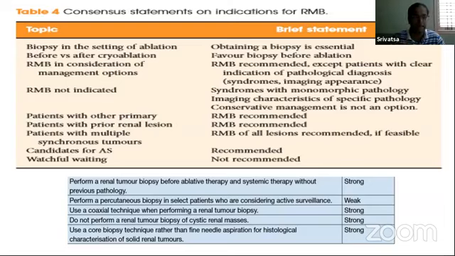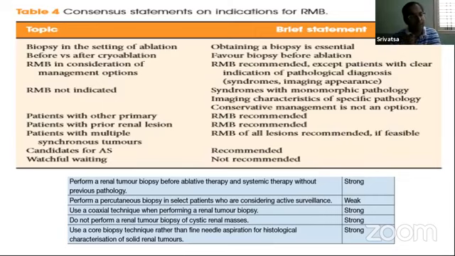However, in the recent past, renal mass biopsy has been increasingly done in the backdrop of increased utilization of active surveillance, increased utilization of non-surgical ablative techniques.